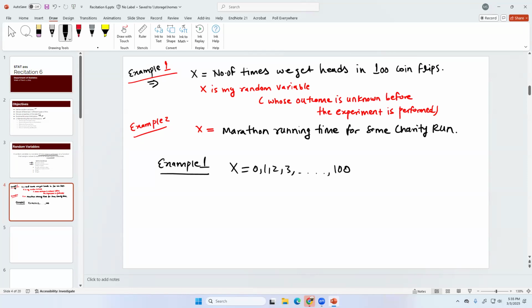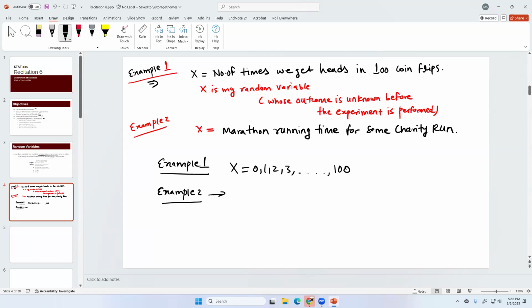What about example 2? If x now is, in the context of marathon running time, what will be the range of x? What sort of values will you see? So how long is the marathon? Some kilometers, right? So let's say the fastest time is, I don't know, you can set a benchmark.